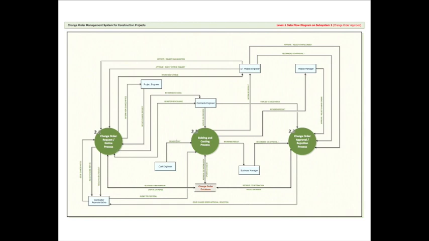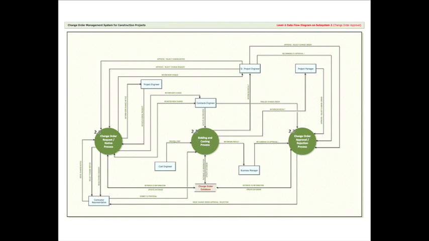So first there's a change notice or a change request that is going to be made, and that one will go into a bidding process, and the bidding process will result in the approval or rejection of the change order.